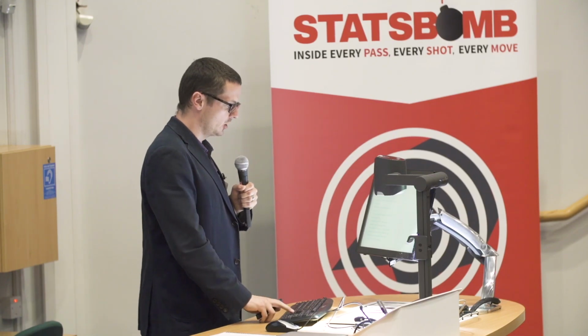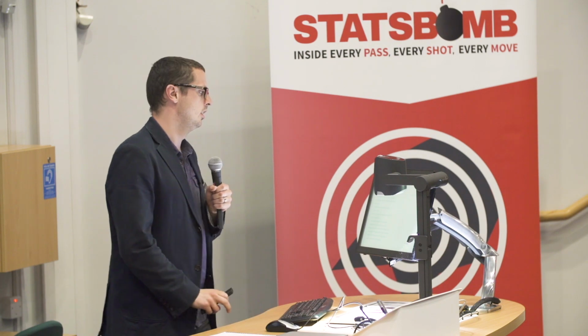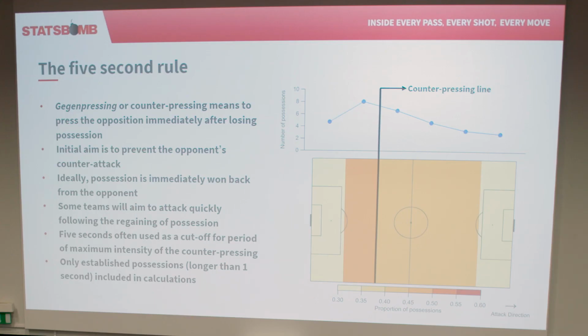We can look at this from a team perspective. For the counter-pressing numbers here, I'm just going to look at possessions that start greater than this line, because from a pressing perspective, we're more looking at higher areas of the pitch. It's a different thing when you get into deeper zones. That's just good defending, really, rather than a choice so much.